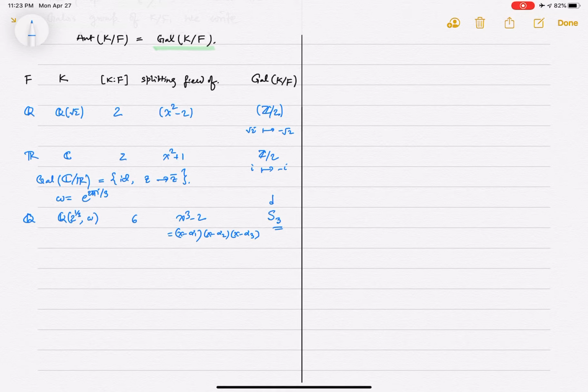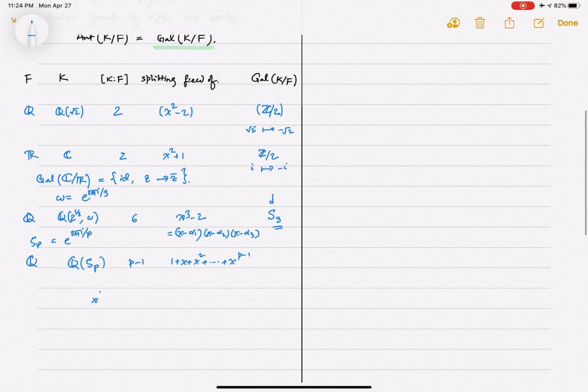Then one very important example that I want to list is the cyclotomic extension, at least in the prime case. I can write it down very easily. So zeta p is e to the 2 pi i over p. And this is a degree p minus 1 extension, and it's a splitting field of the polynomial 1 plus x plus up to x to the p minus 1.